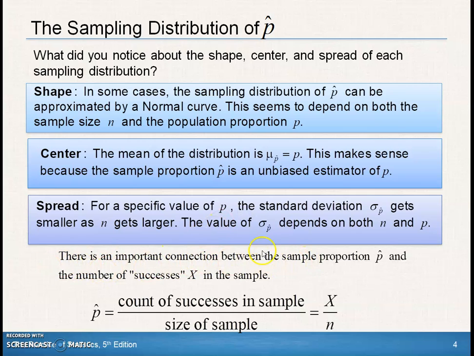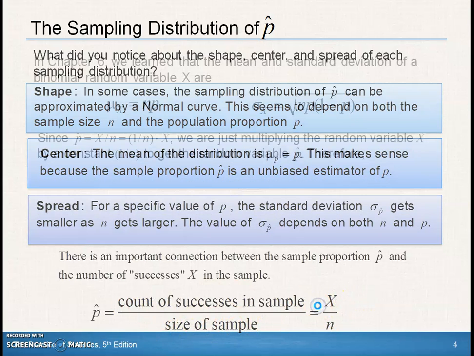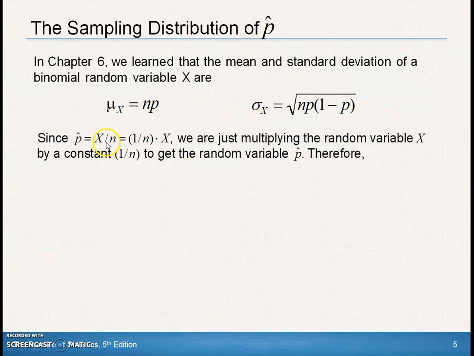There's an important connection between the sample proportion and the number of successes. p-cap is the number of successes in the sample over the size of the sample. So it's x over n. The mean of a binomial random variable, mu sub x, is np, n times p.